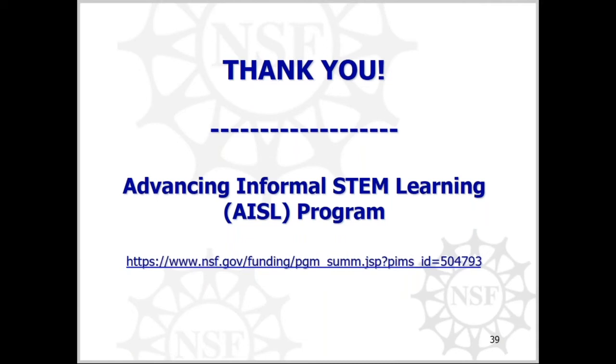However, you are invited and encouraged to have a look at informalscience.org, and you can also do an award search in the NSF database, as we mentioned earlier, to see what kinds of projects have been funded. By doing that search, you can see some of the types of work that different PIs and institutions are engaged in, and it may give you ideas of potential researchers and collaborators you may want to reach out to.